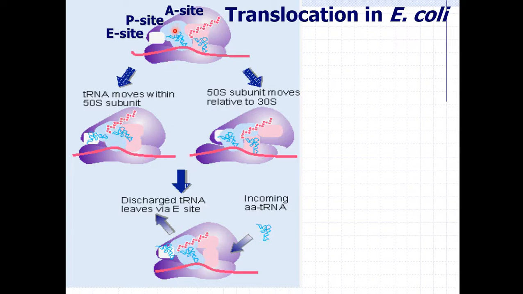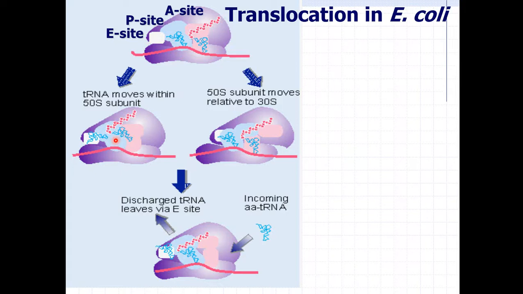When the peptide is transferred from peptidyl tRNA to the aminoacyl tRNA, this tRNA is now uncharged. So the ribosome moves one codon ahead so that this uncharged tRNA exits from the E site, and the peptidyl tRNA with the peptide comes into the P site.